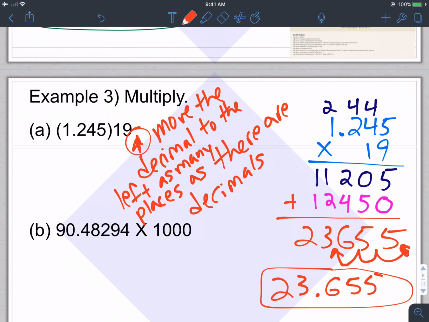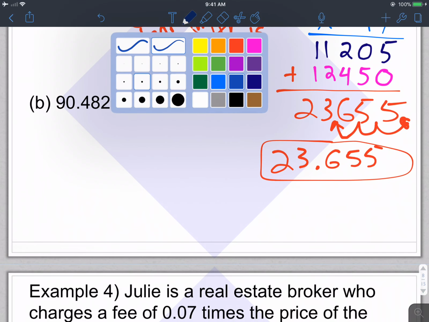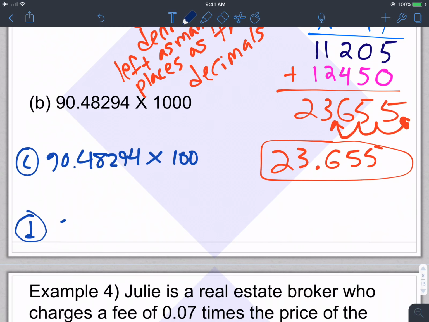So now why did I put part B there? Well, if you multiply or divide by a factor of 10, all we have to do is just move the decimal point.